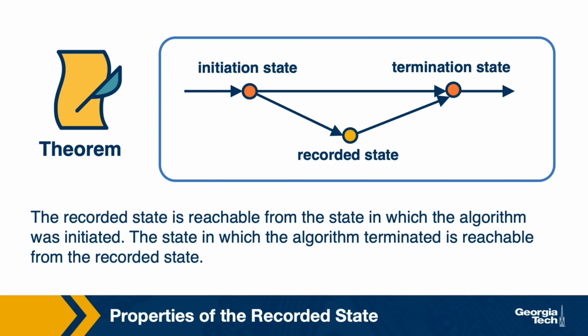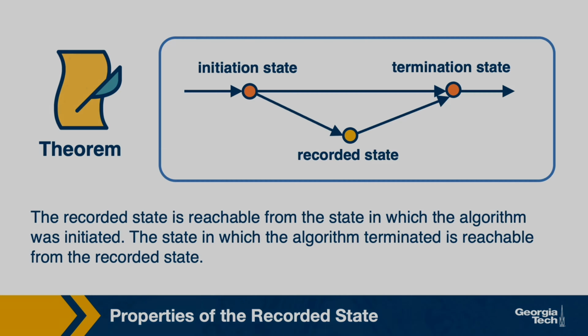The recorded state is not necessarily, let's repeat, it's not necessarily an actual state that appeared in the real execution between the initiation state, the state where the algorithm was initiated, and the termination state, the real state in which the system was when the algorithm terminated.